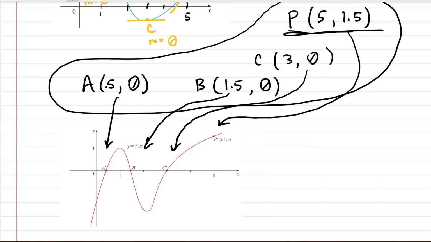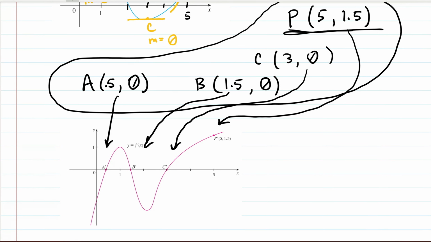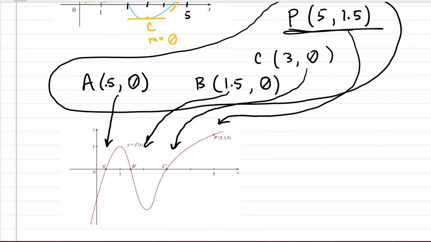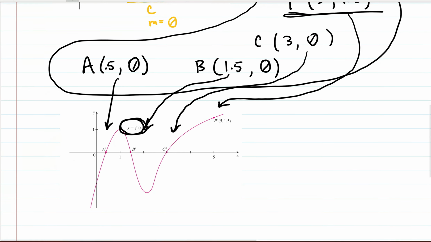So we see all of those points are now plotted. This is now on the graph of f prime, the derivative. We took those points that we found and plotted them on a new graph.